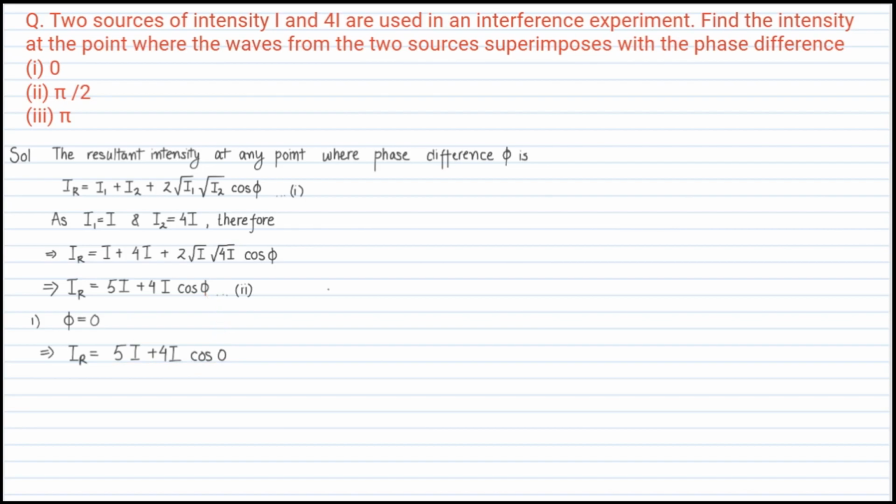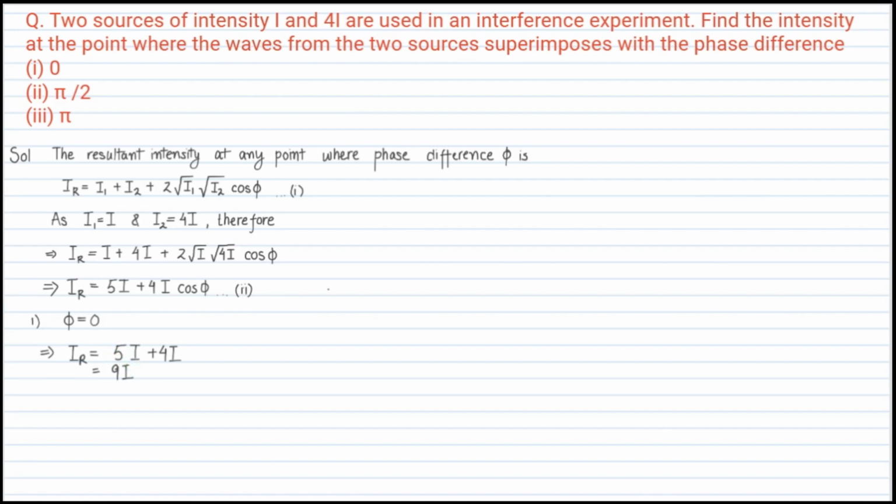And you know how much is cos of 0? Cos of 0 is 1. Fine. So if I replace this with 1, then I will have 5I plus 4I equals 9I. So the resultant intensity is how much?